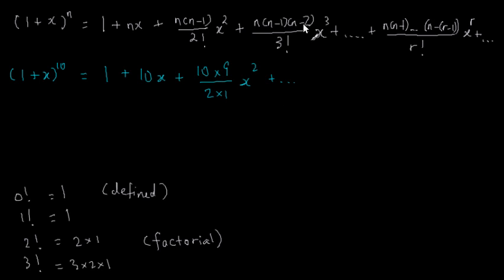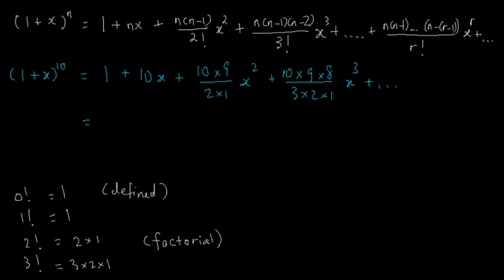Let me write out the next term as well. n is 10, times n minus 1 is 9, 10 minus 2 is 8, over 3 factorial, which is 3 times 2 times 1, x cubed, plus dot dot dot.